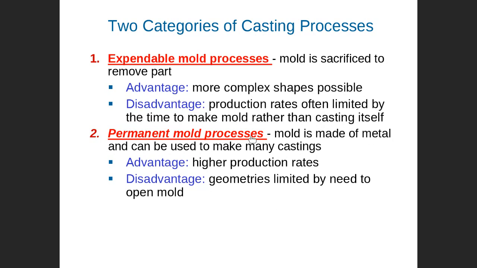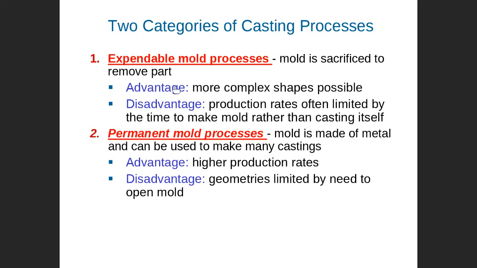In permanent mold processes, we use a mold several times. The mold may be made of metal, like steel or cast iron, or maybe ceramic or refractory material, and we use it to cast several parts. This is a big difference between expendable and permanent mold processes.